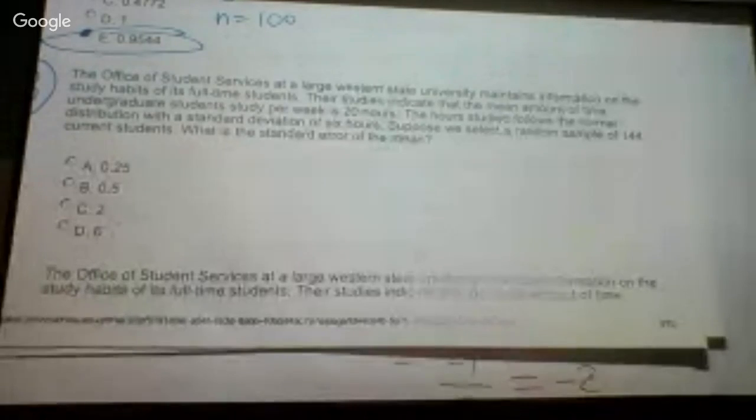Whether it's sigma sub x bar or s sub x bar. In this case, we have a standard deviation of 6 hours, and it comes from the population. We have a sample size of 144. How do you know?